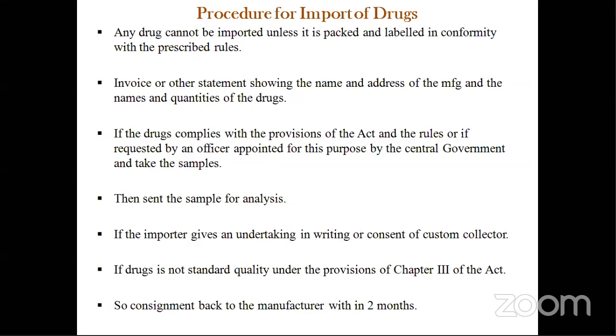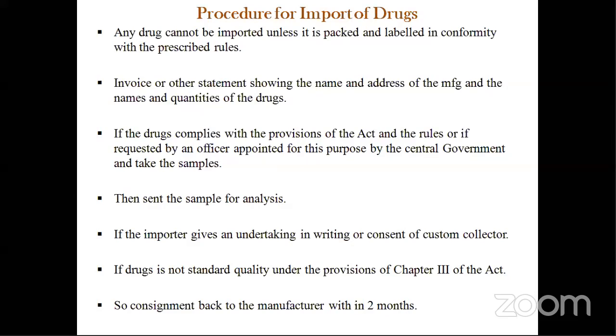You have to confirm that your drug is okay for transport, and then you send the drugs in a small quantity to the central government for testing or sampling. After analysis, they give a report that your drug actually matches the provisions of the act and rules, your strength is okay, your quantity is okay, and your drug does not contain any type of impurity. Then you are eligible to import the drugs.